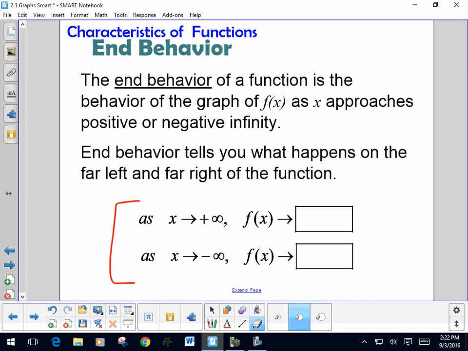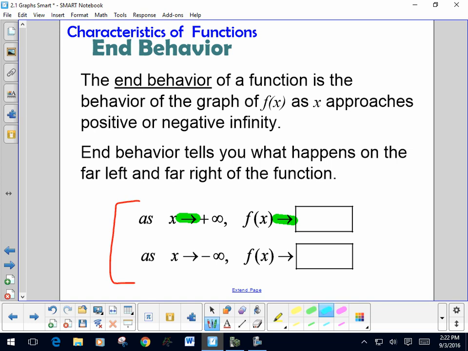So what this is saying, or how I would read it, is to say as x approaches positive infinity, f of x approaches, and then we would fill in what it is approaching. So when you see this arrow, typically we use the word approaches.